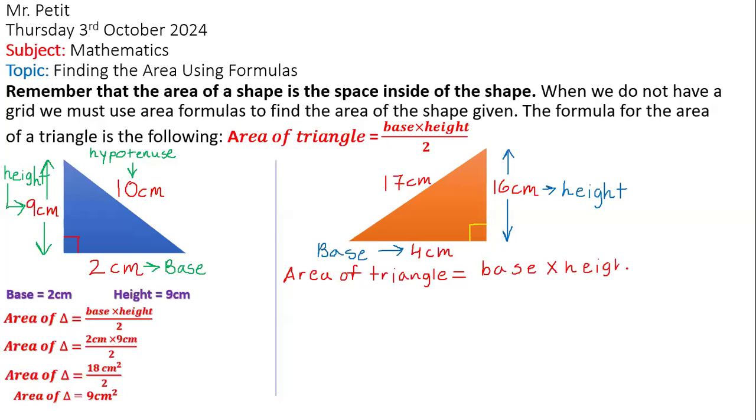Base times height, or half the base times height. Sir, for abbreviation, instead of writing the whole word, can I just put B times H? Yes, you could just write A is equal to B times H over 2.